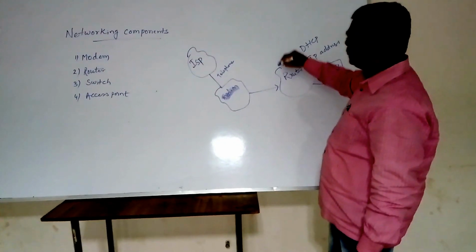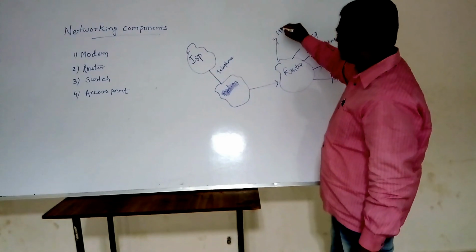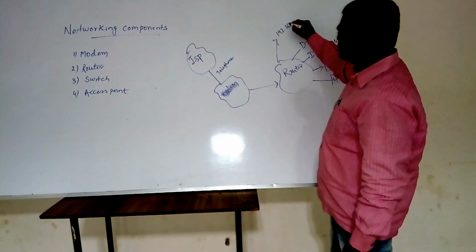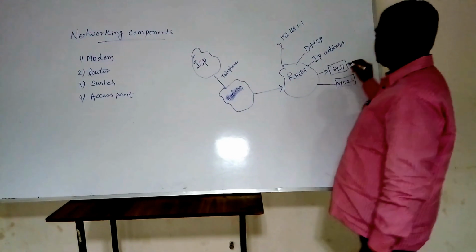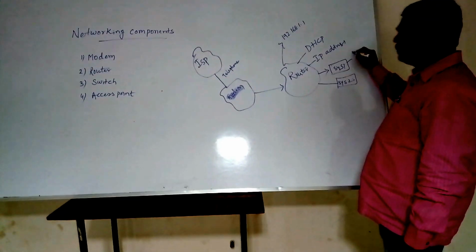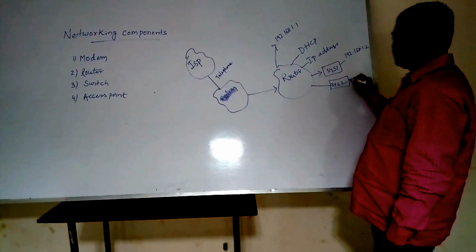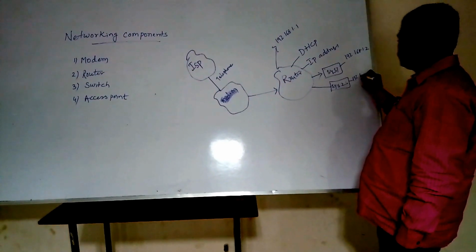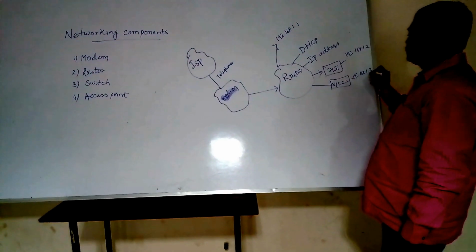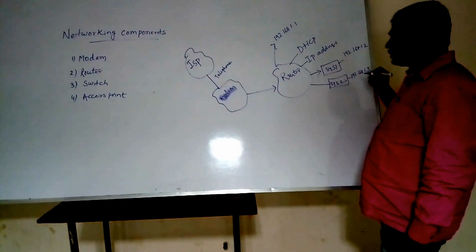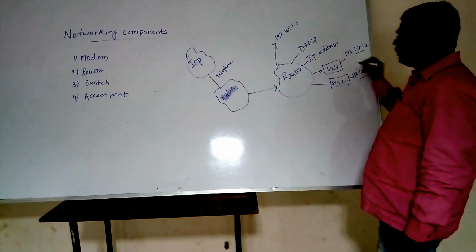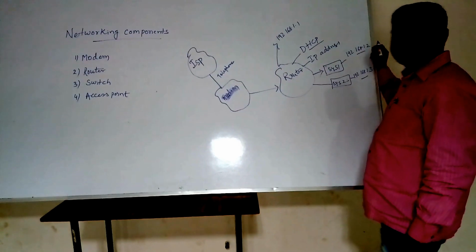Suppose this is the router, the IP address of the router is say 192.168.1.1, and the IP address of this system will be 192.168.1.2, and the IP address for this system is 192.168.1.3. These IP addresses will be assigned by this particular DHCP.